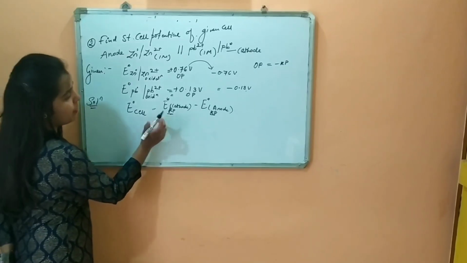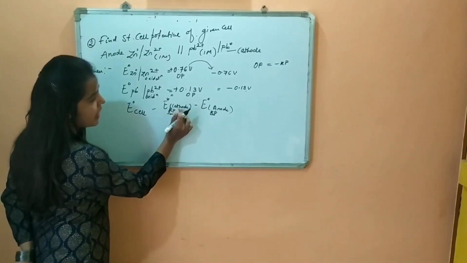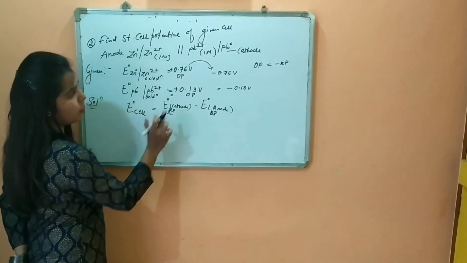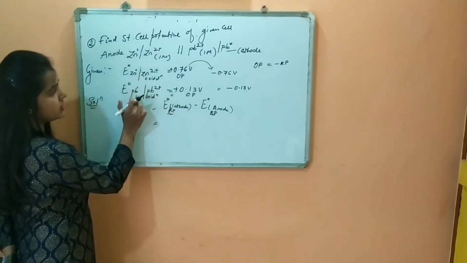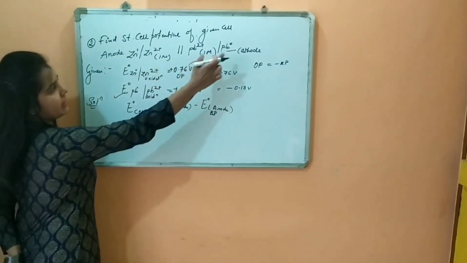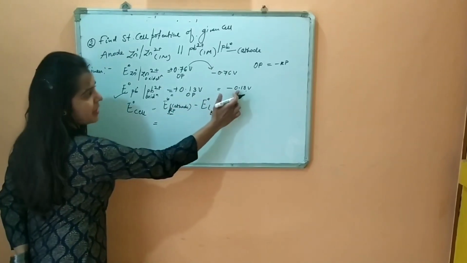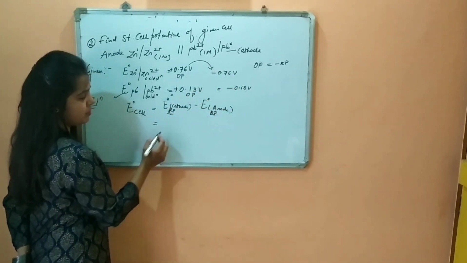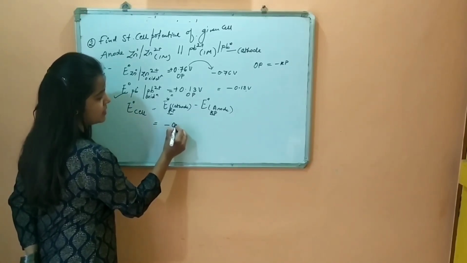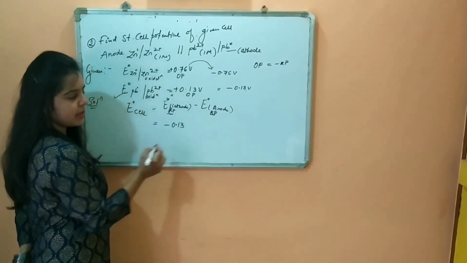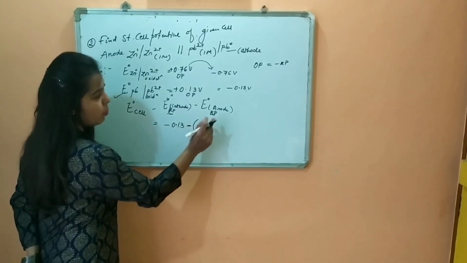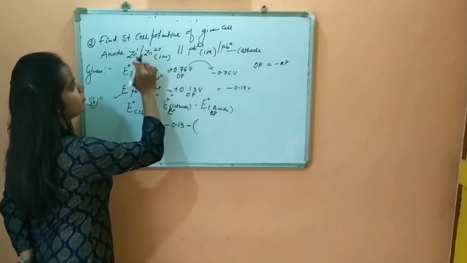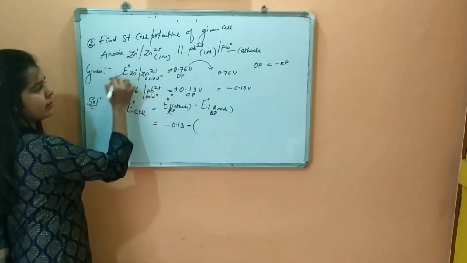Okay. So now, reduction potential at cathode. Who is at cathode? This or this? It is this which is at cathode, isn't it? And its reduction potential we have converted to minus 0.13 volts. So it will be minus 0.13 volts minus, who is there at anode? Obviously this is there at anode.